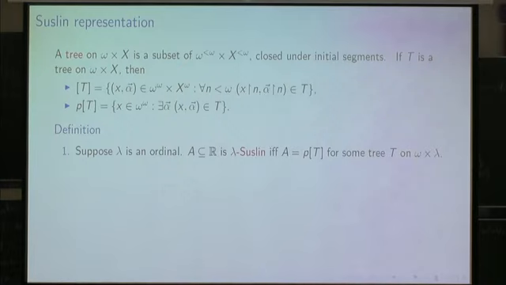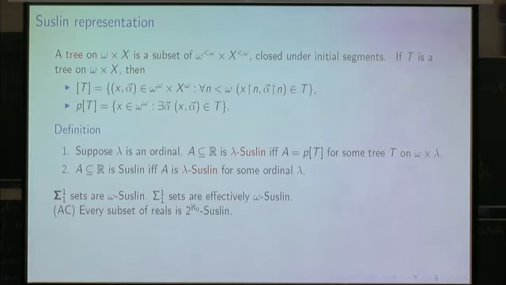So a set of reals is lambda-Suslin if it's of the form of the projection of a tree on omega times lambda, where lambda is an ordinal, and Suslin means it's lambda-Suslin for some ordinal. So Sigma^1_1 sets are omega-Suslin.